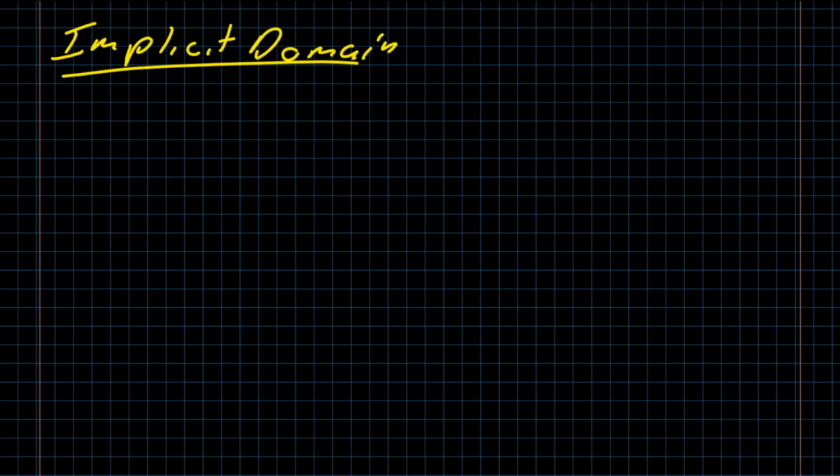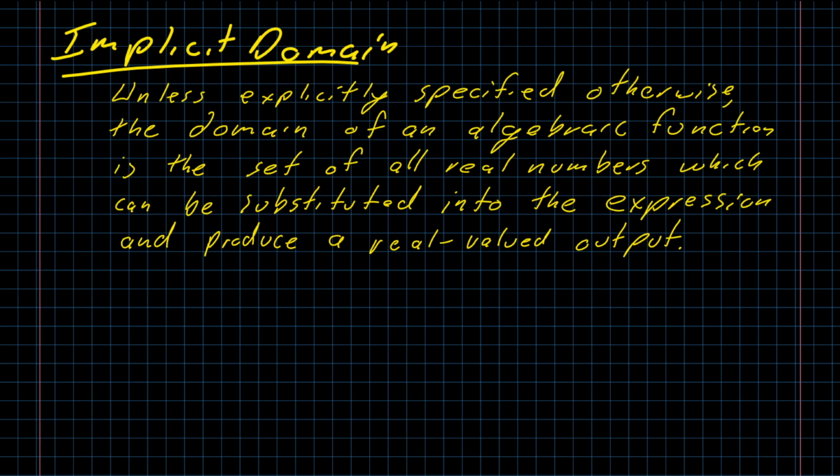The first one is known as implicit domain. Implicit domain is a convention of mathematical notation. Mathematics doesn't have to work this way, but choosing this allows us to do the most work with the least writing. Very much like the order of operations agreement that you are very familiar with.